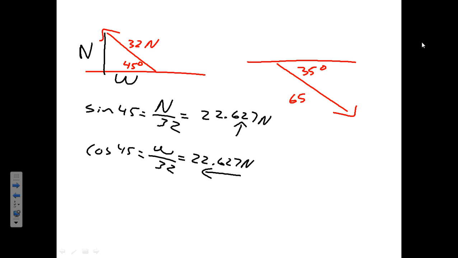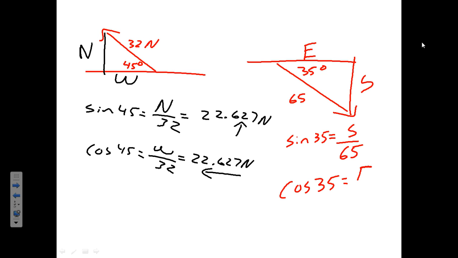On our other picture over here, same thing. Find our components. Sine of 35. Well, actually, let me draw in the vertical first. This component's going south. This one's going east. So I'll use sine to find the south component, and I'll use cosine to find the east component. Calculate those out.